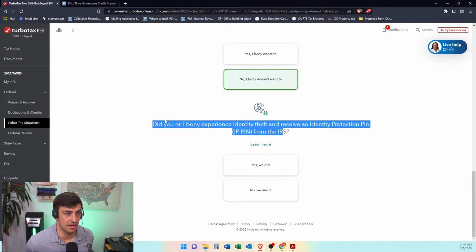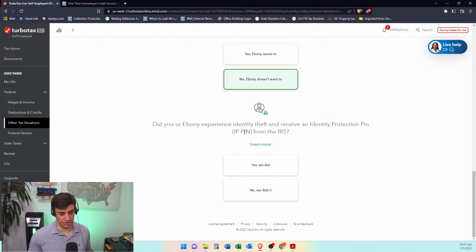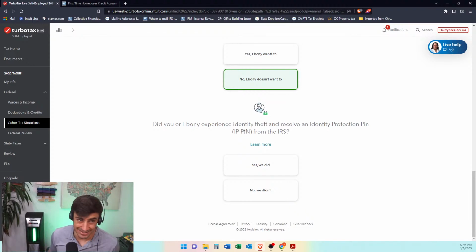This is something that can definitely hang up the return. If for some odd reason you got reported for ID theft and were issued one of these pins, an identity protection pin, then you got a letter in the mail with this pin, and these generally get mailed out on a year-by-year basis.